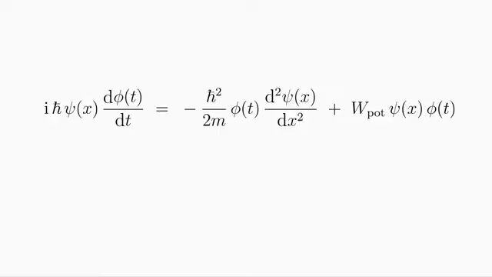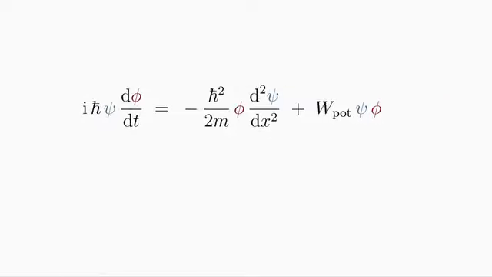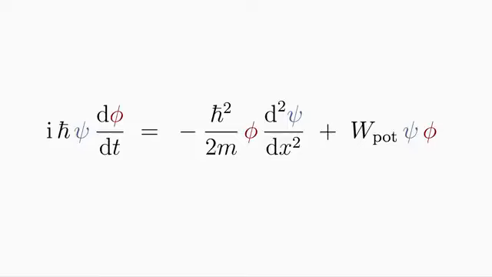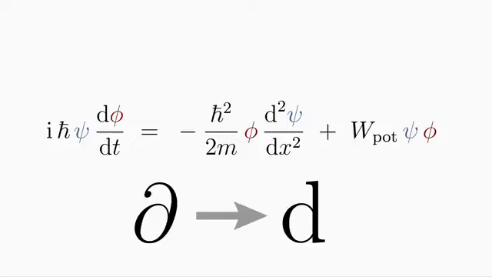This way you don't have to write phi of t or psi of x all the time, but can simply write phi and psi. From the notation of the derivative, it is then clear that the function depends only on one variable, the one that's in the derivative. It is not important if you do not know what a total or partial derivative is. Just replace the del symbols with regular d symbols.